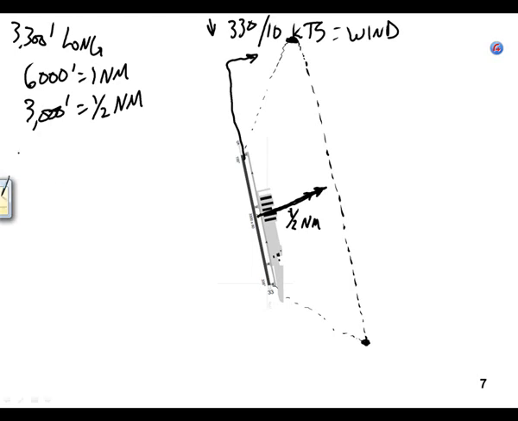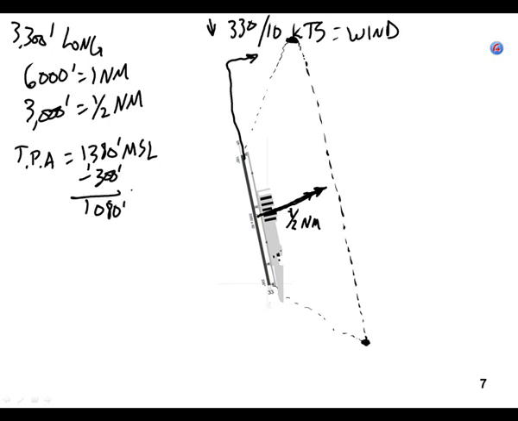So if traffic pattern altitude at Reedley is 1,380 feet MSL, if I subtract 300 feet from that, then that's 1,080 feet. So this turn should be at 1,080 feet MSL.